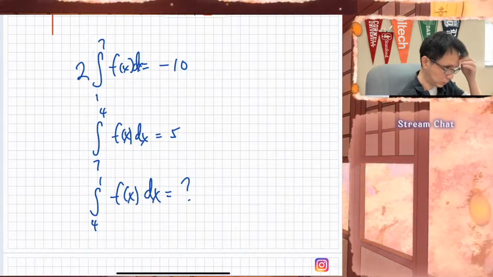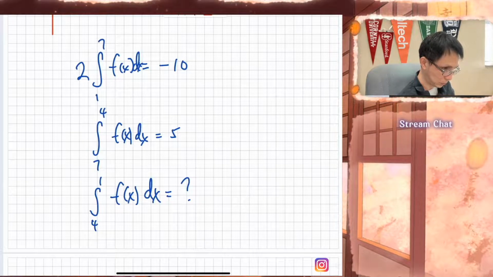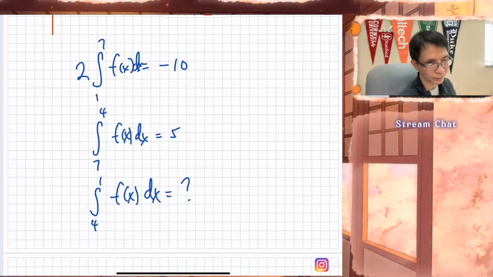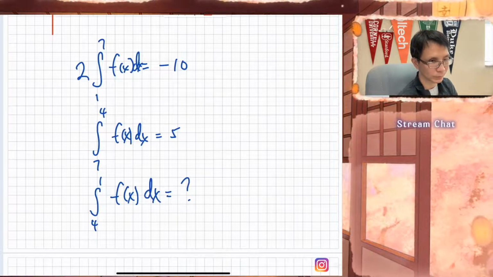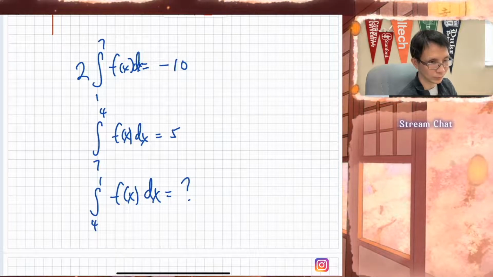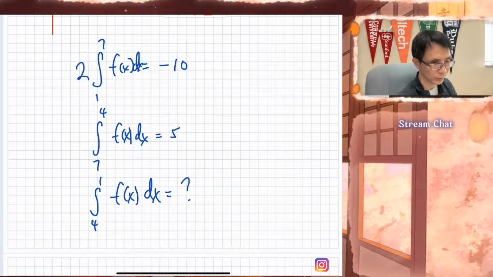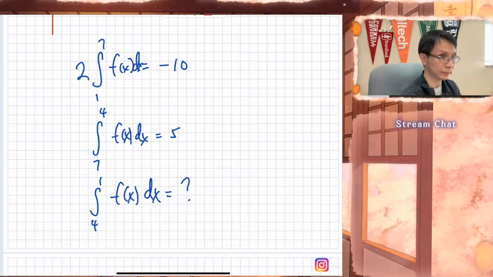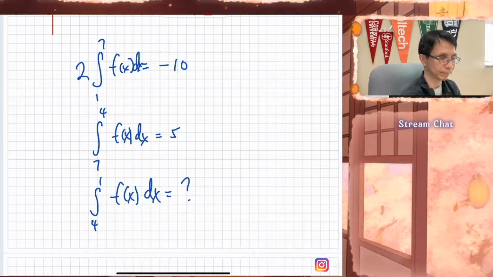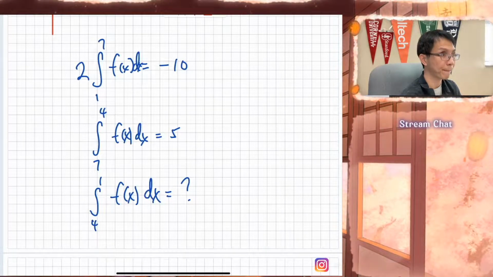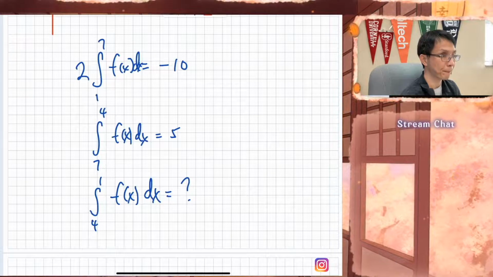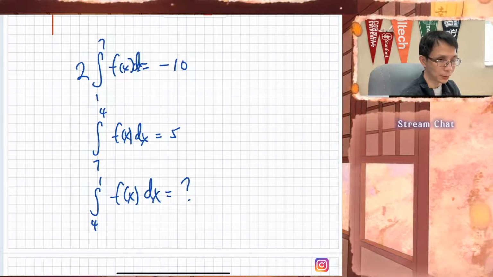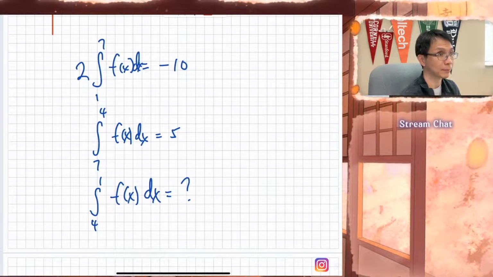Because of the second property. So they went from B on top to B on the bottom. We're solving for integration between 4 to 1 of f of x dx. 4 to 1.